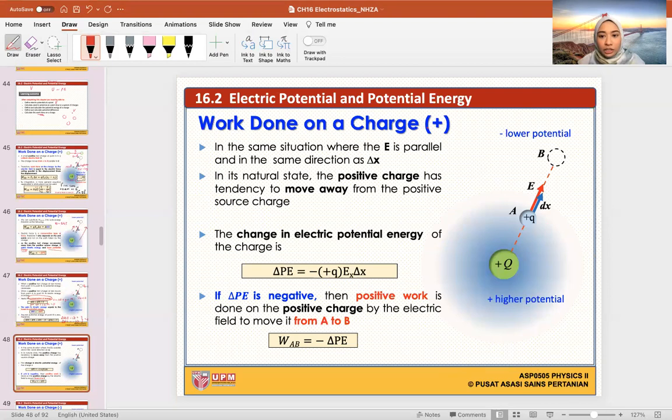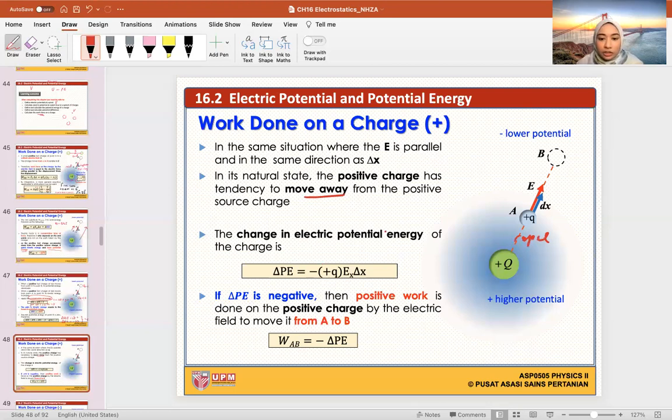Okay, so work done on a positive charge in the same situation where E is parallel and in the same direction as the displacement. In its natural state, the positive charge has a tendency to move away from the positive source charge. We know this. This dude does not like this other dude, so it's going to be repelled.